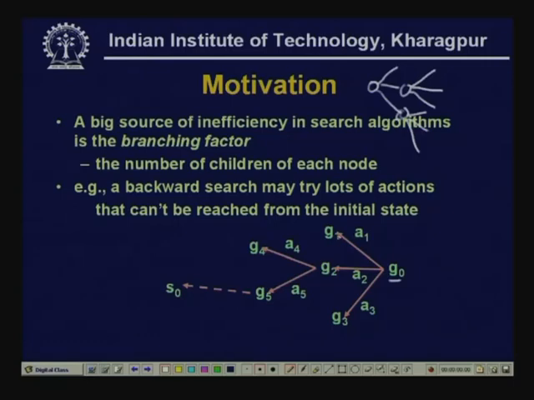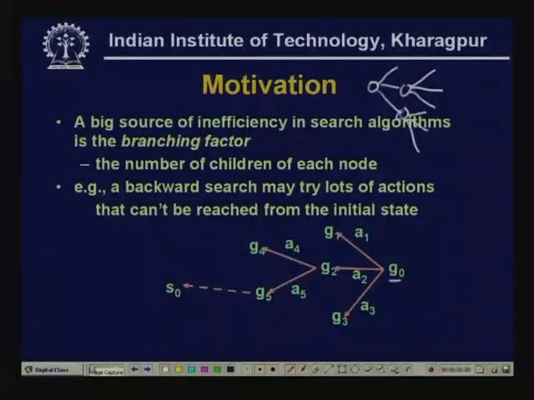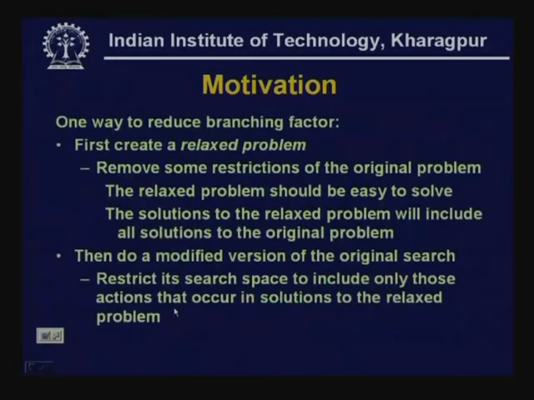The main problem is that you would be considering a lot of actions, and many of these actions may not be reachable, we may not be able to take the action starting from the initial state. So, our objective is to find out a subset of the actions which can be activated given the initial state that the agent starts from, and in this way we would like to limit the branching factor. This was one of the motivations for this algorithm.